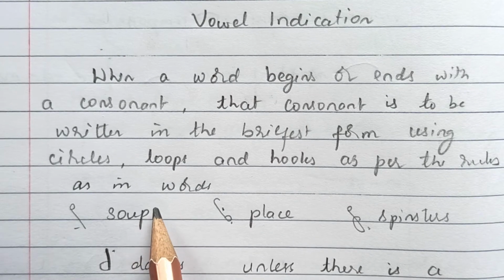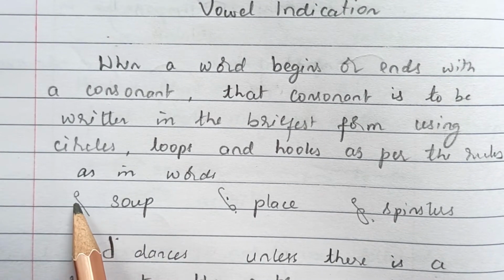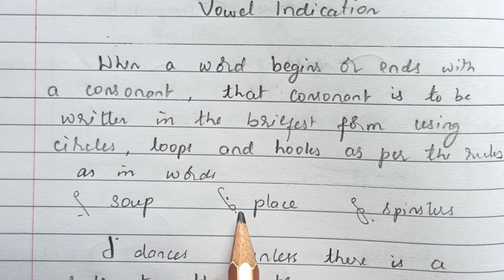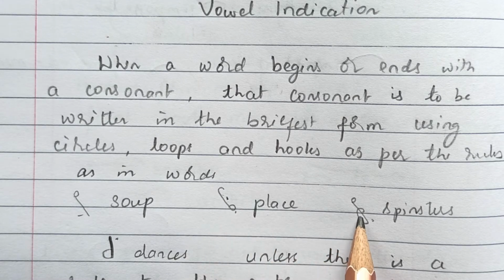This we can see in the word soup, where we are using the circle S instead of the stroke form of the S consonant. Again L, the hook L and the circle S. Again here we have the stir loop.